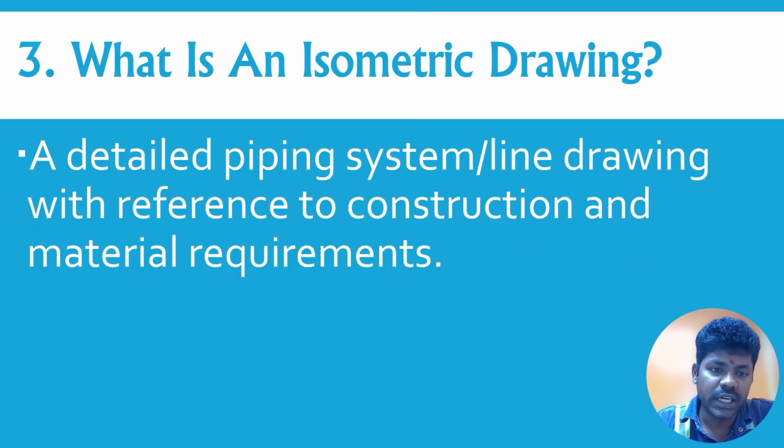And what is the isometric diagram? An isometric diagram is a detailed piping system line drawing with reference to construction and material requirements. The isometric drawing shows in which direction all the pipes and pipelines are going, north, west, east, south, and the dimensions, and what fittings are used, T joint or elbow, or whatever fittings they use.